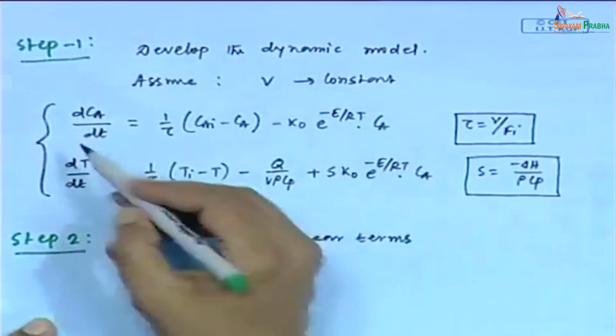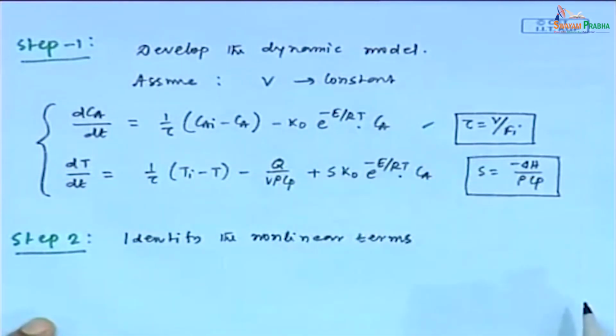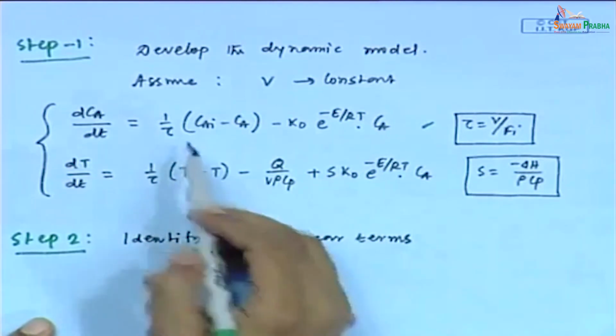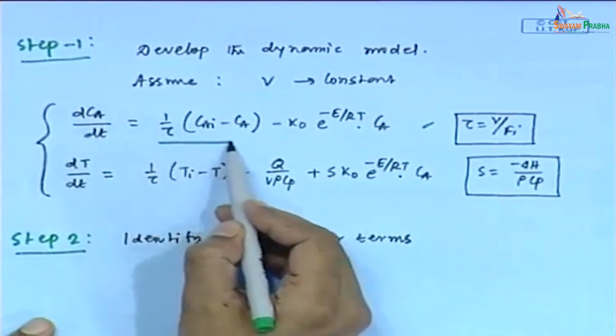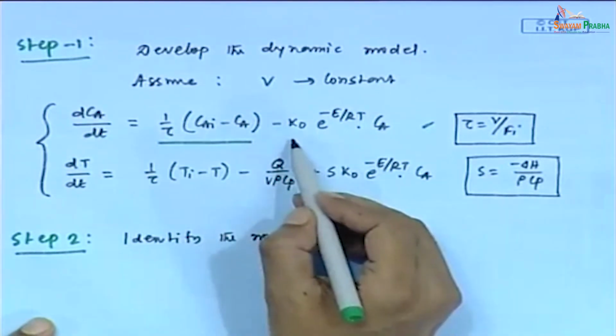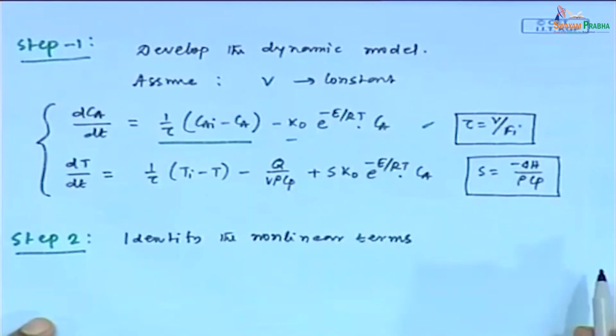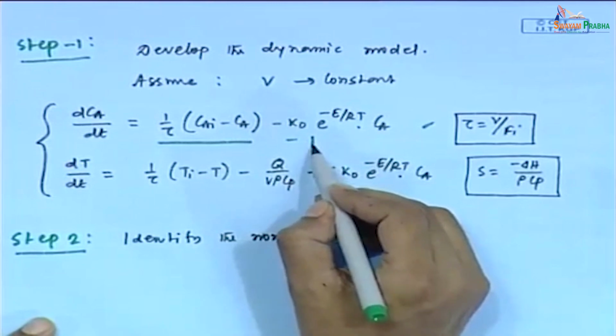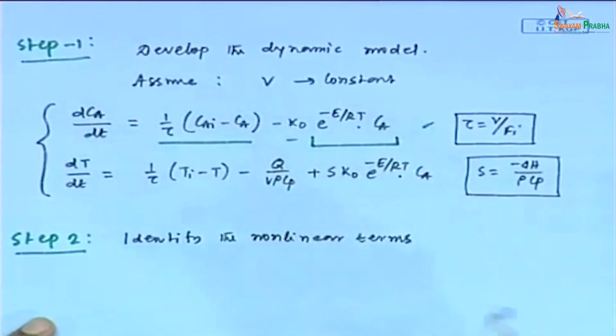You see, in the first equation, which we got based on component balance, the first right hand term is a linear term. K naught is the pre-exponential factor, so that is constant. So, the only nonlinear term is here, this one, CA multiplied by exponential of minus E divided by RT. That is the only nonlinear term present in the first equation.